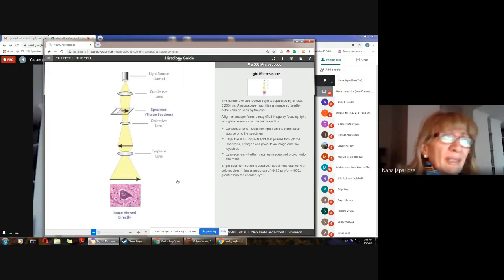What happens in the case of the transmission electron microscope? There, the key player is a beam of electrons. The tissue samples, of course, should be processed differently for light microscopic observation and for transmission electron microscopic observation.